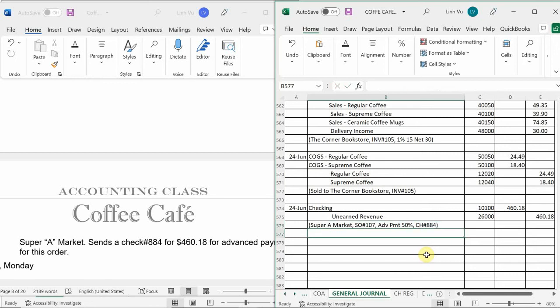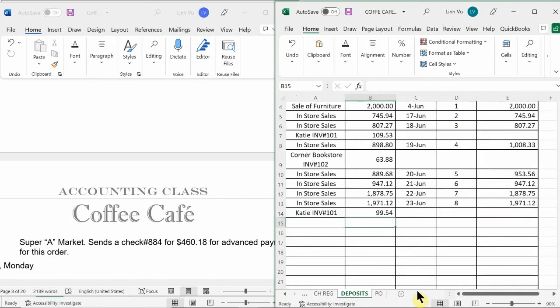Okay. All right. So let's go ahead and record that we received money. Okay, but we're not going to deposit it yet. We'll wait till the end of the day to deposit it. So this is from Super A Market. They gave us a check for $460.18.